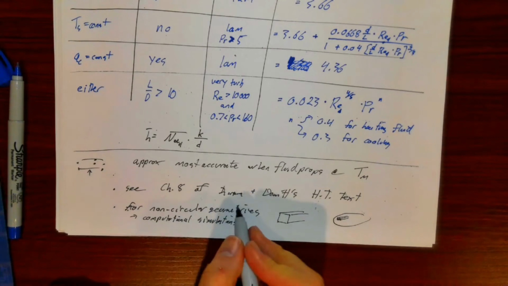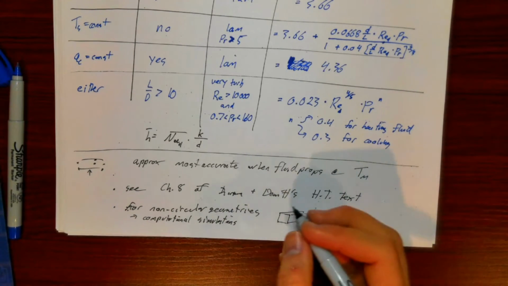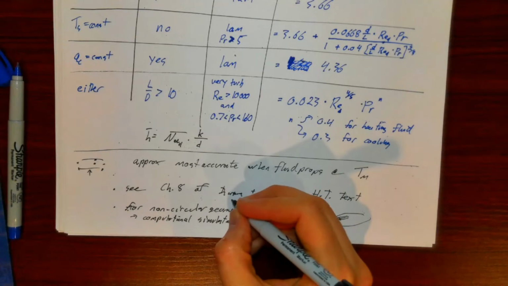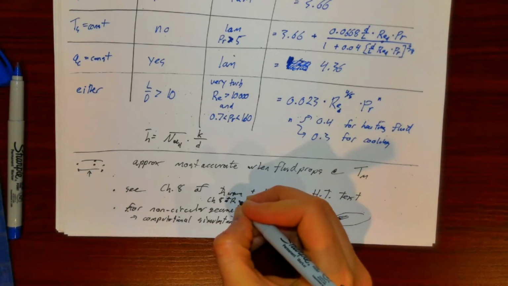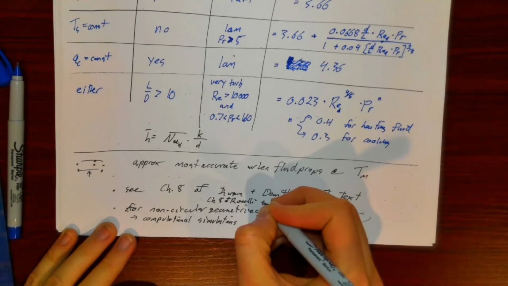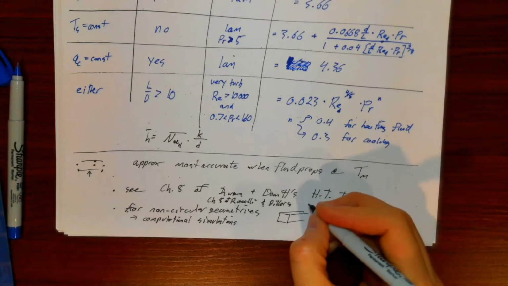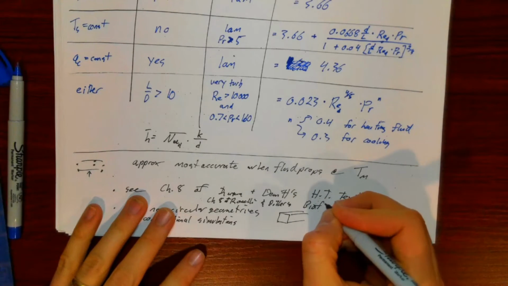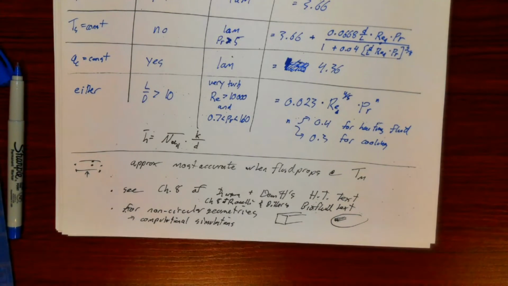Oh, I said chapter 8 of Incropera and DeWitt's text. Also chapter 8 of Roselli and Diller, the biofluid text, has a lot of correlations as well.